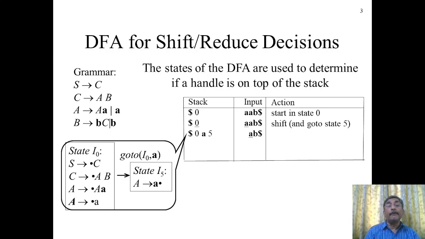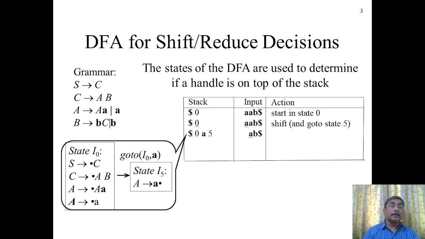The stack has to be read from left to right, I mean, the rightmost end is the top and the leftmost end is the bottom. So at the very beginning, the stack contains dollar and a zero. Zero means the state I0, or state 0. And the input is a very simple sentence, AAB.